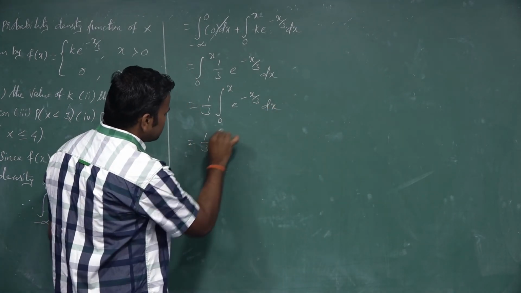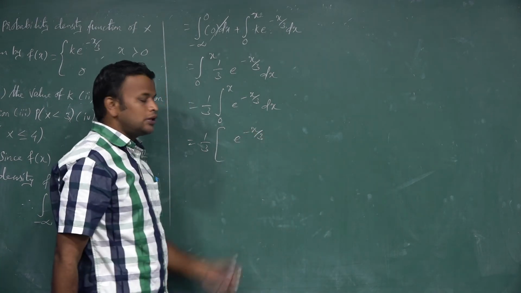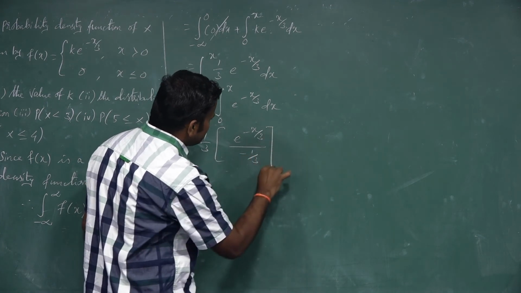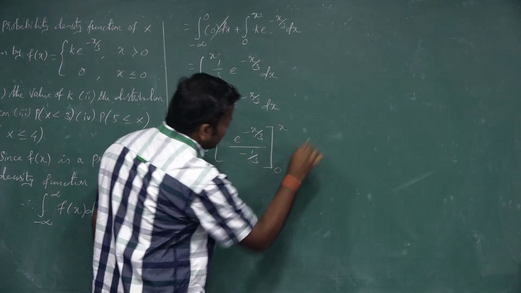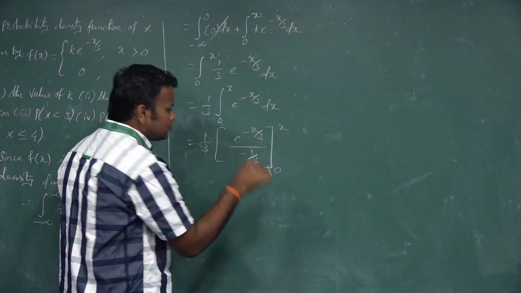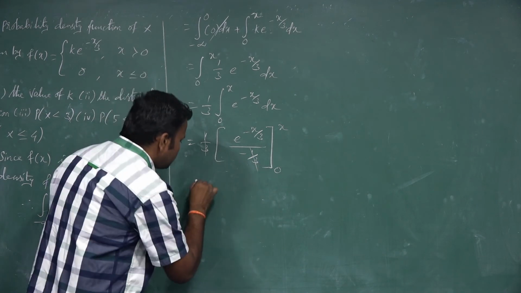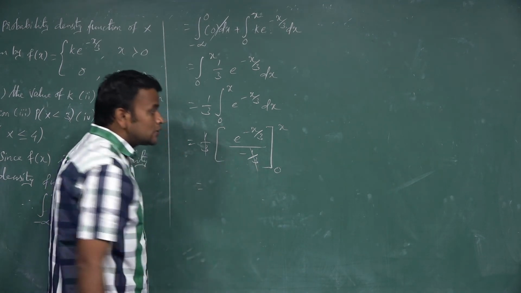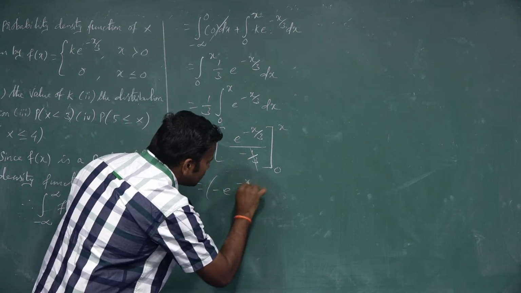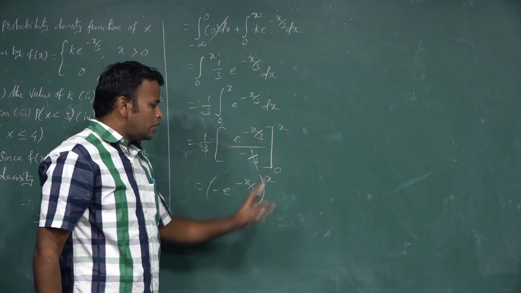We already know the integration of e power minus x by 3 is e power minus x by 3 divided by minus 1 by 3, and the limit is 0 to x. I cancel this 1 by 3 in the numerator with the 1 by 3 in the denominator. The remaining is minus 1, which is also very important. So minus e power minus x by 3 to the limit 0 to x.